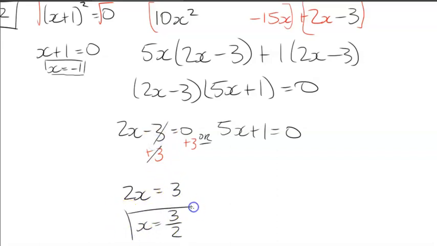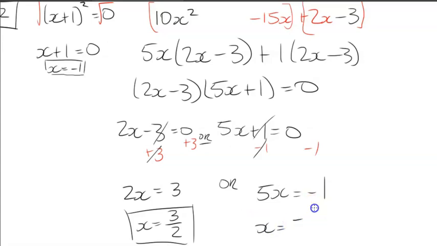You would just leave it in that format. 3 over 2, 1.5, but 3 over 2 you'll leave it as. Or, in this case, minus 1, 5x is equal to minus 1, meaning x is equal to negative 1 over 5.